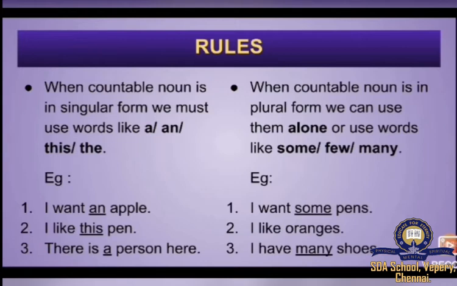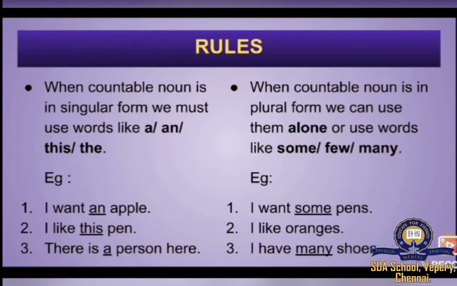So when you use the exact number, you don't need these words. But when you don't want to use numbers, you can say some or few or many. Likewise, in the second line, I like oranges. When it's used in plural form, you can just use them alone. Thirdly, I have many shoes. So when you use the noun shoes, you use the word many.